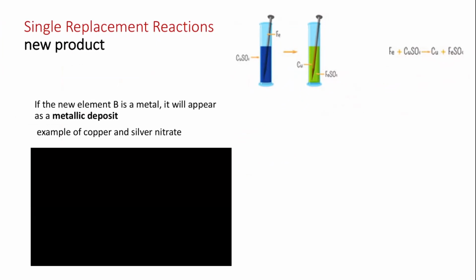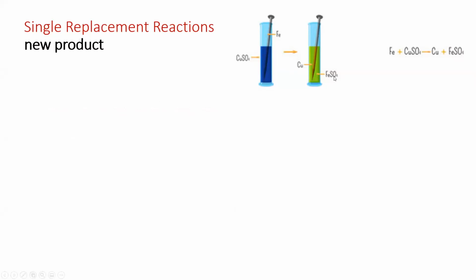I think I need to switch to the other version of this. Let me find the PowerPoint. Okay, do you guys see the single replacement reactions on the screen now?